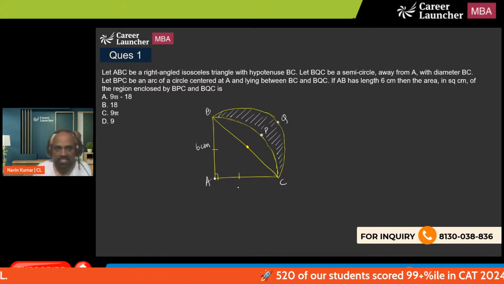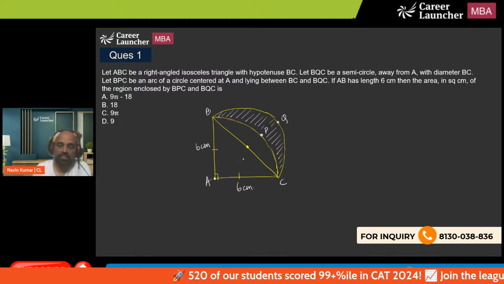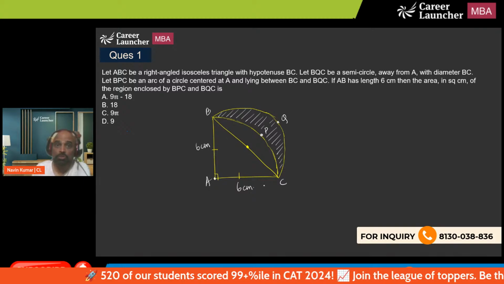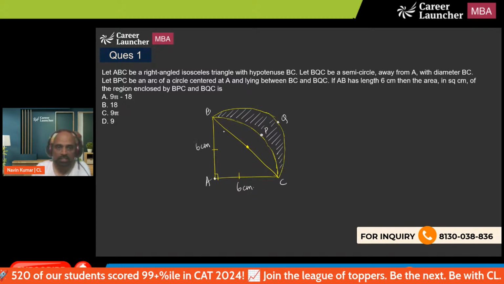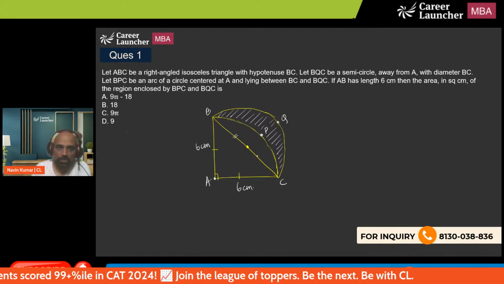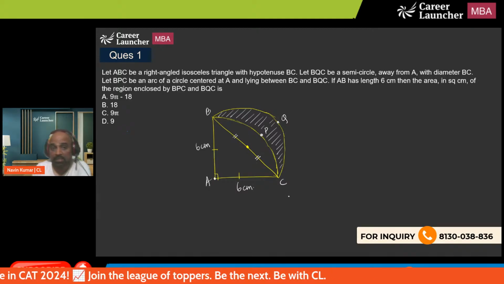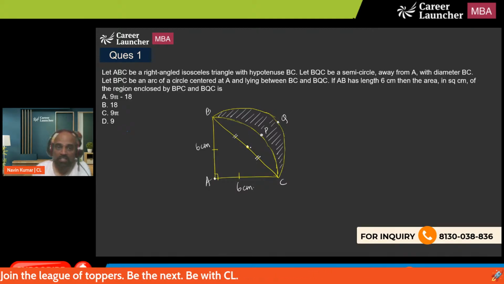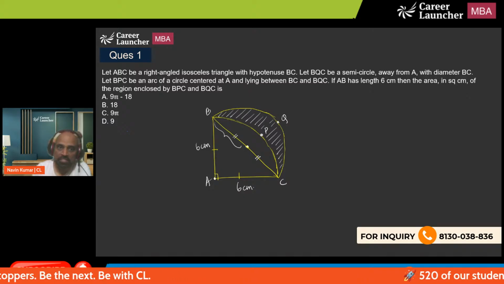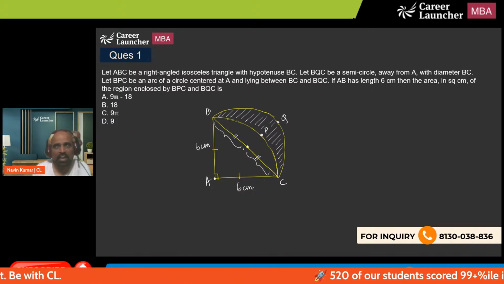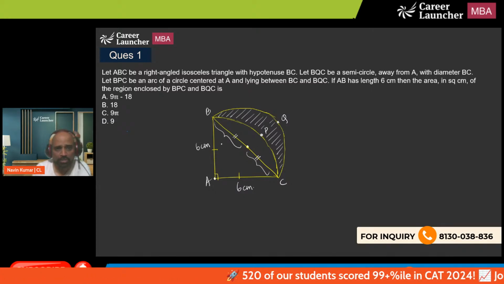So if this is 6 centimeter, the hypotenuse is going to be root 2 times 6, and that is the diameter. So the radius is going to be half of that. Half of 6 root 2 would be 3 root 2 centimeter.